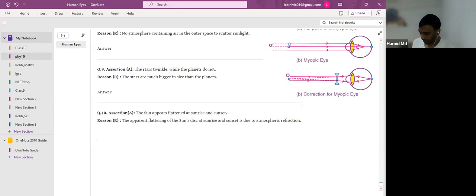So we can move to the first chapter, light, reflection and refraction. Yes, sir. Okay. So Madiha, tell me what is light?